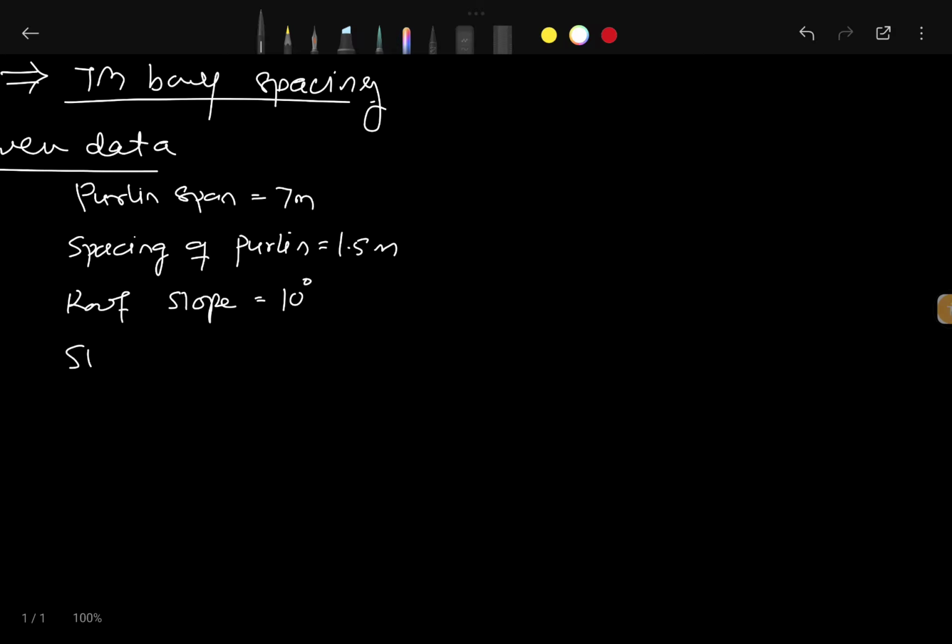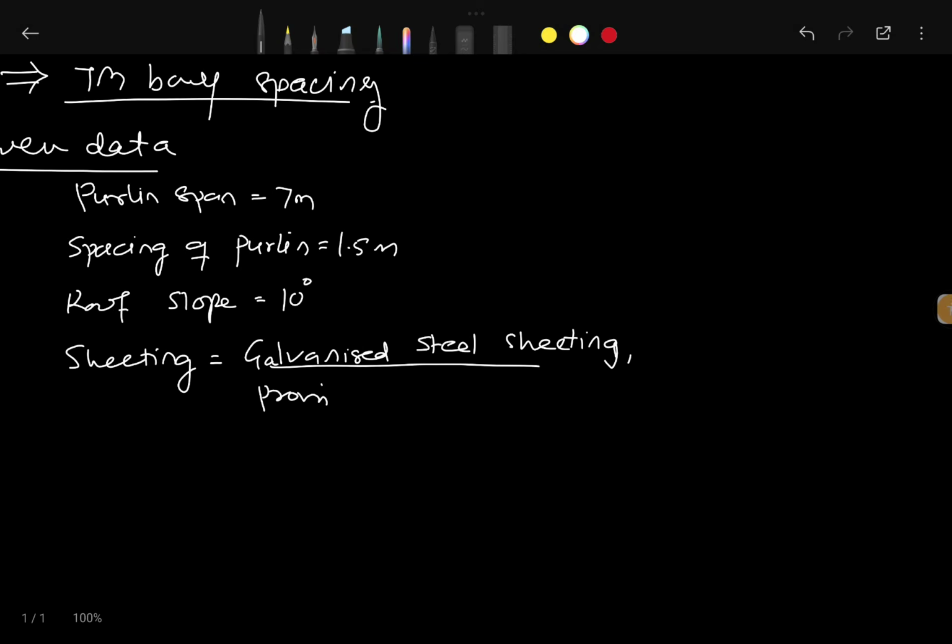Now sheeting. Sheeting: we use galvanized steel sheeting. This galvanized steel sheeting provides lateral restraint to the top flange.